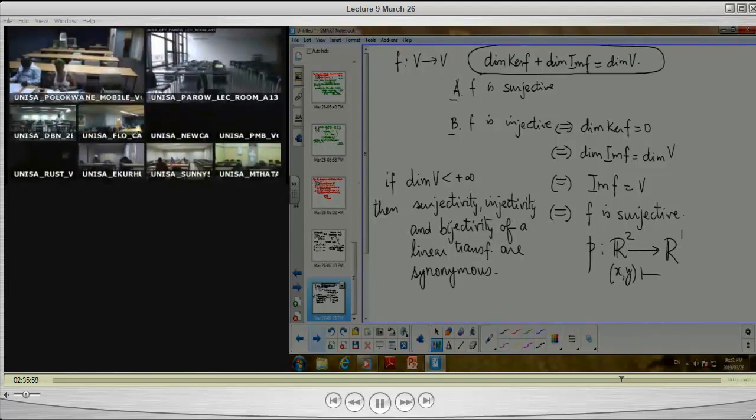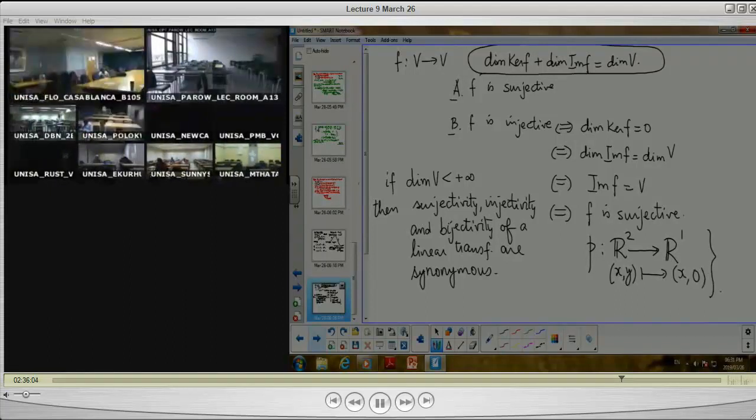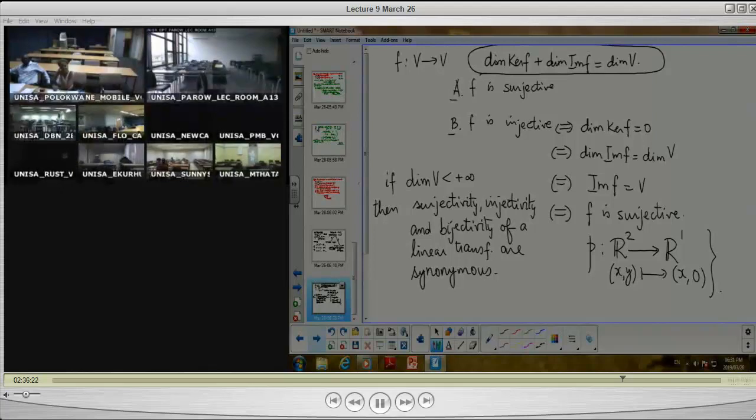It doesn't need to be all the elements of X onto all the elements of Y. Correct. So give me an (x, y) such that P of (x, y) is (0, 1). Oh, yes. So it's not surjective, bijective, or injective.